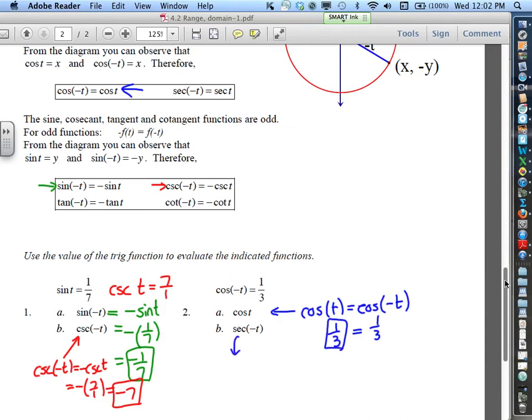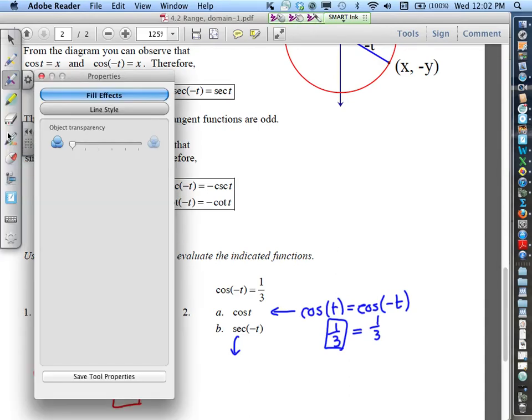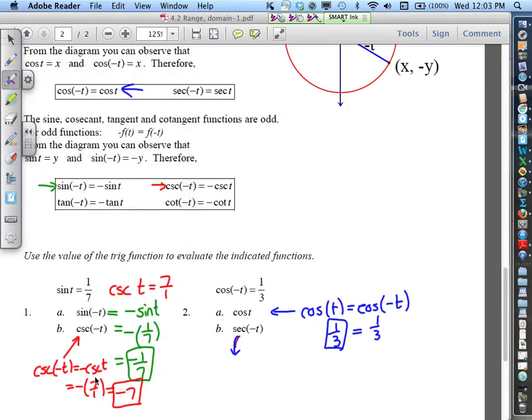And then for secant, whether the angle's positive or negative, we get the same outcome.